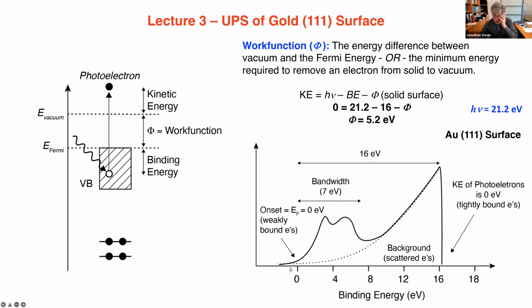Now, this signal here, which sits on top of the background of scattered electrons, which is a function that can be fit, this is the valence band, or whatever orbitals you're probing.